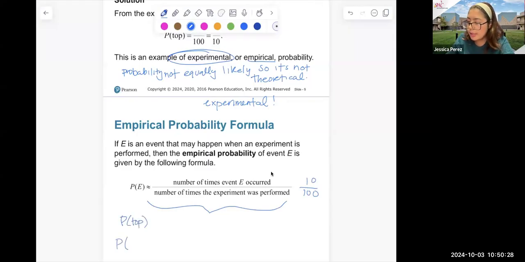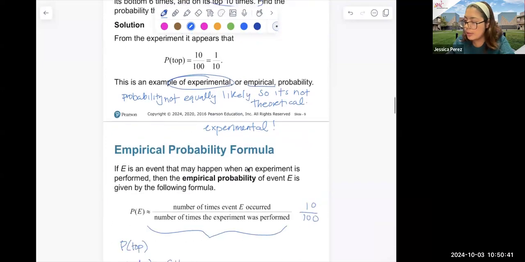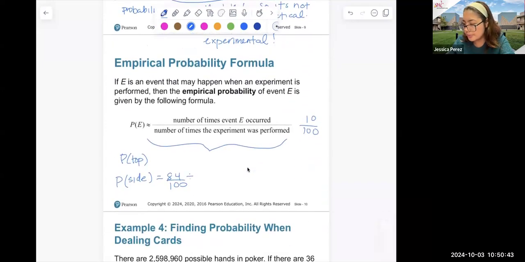But if we wanted to find the ones to the side, well, that was 84 over 100, right? Because we saw that it landed 84 times on the side, 84 over 100, where we can also reduce. They're both divisible by, well, not exactly by 20. Let's reduce it first by 2.